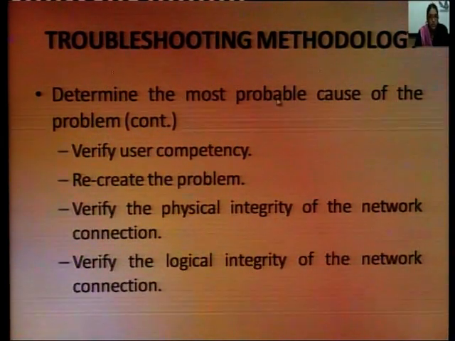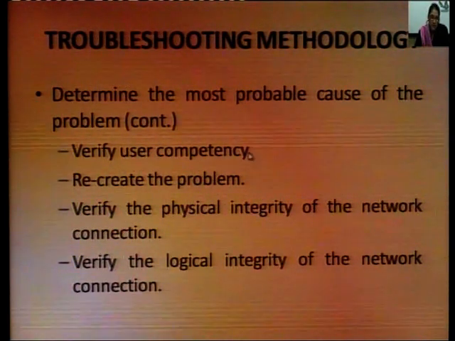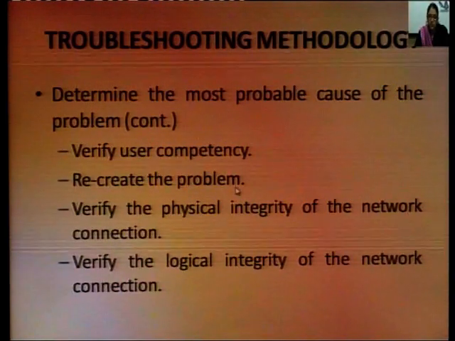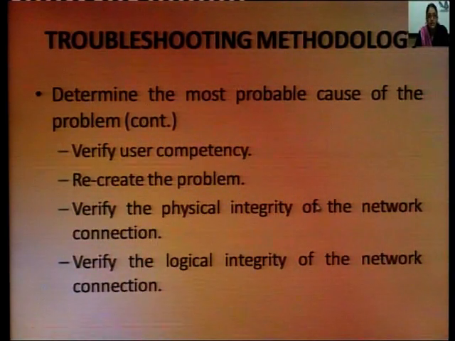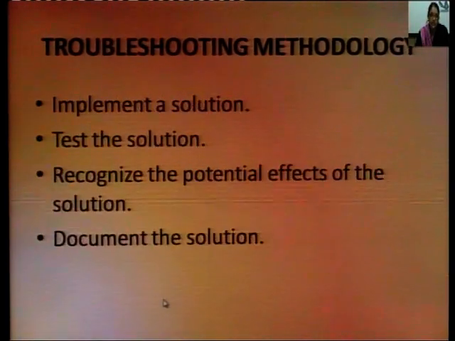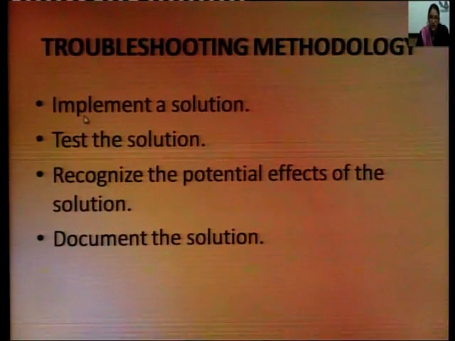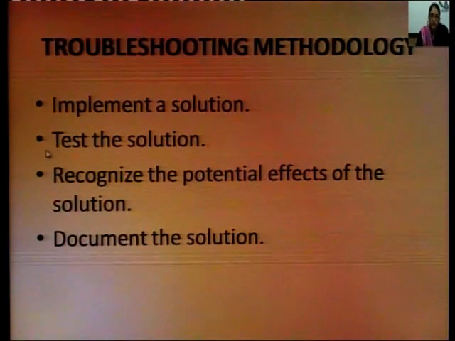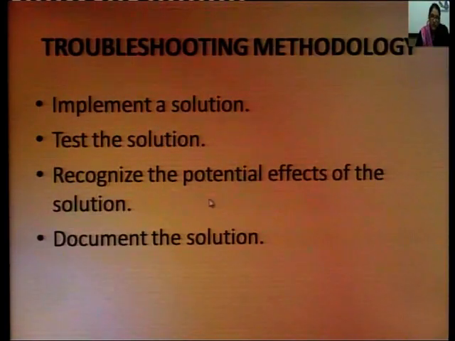To determine the most probable cause, we have to verify user competency to recreate the problem, and verify the physical integrity and logical integrity of the network connection. In troubleshooting methodology, we also cover the following steps: implement a solution, test the solution, recognize the potential effects of the solution, and document the solution which has been found.